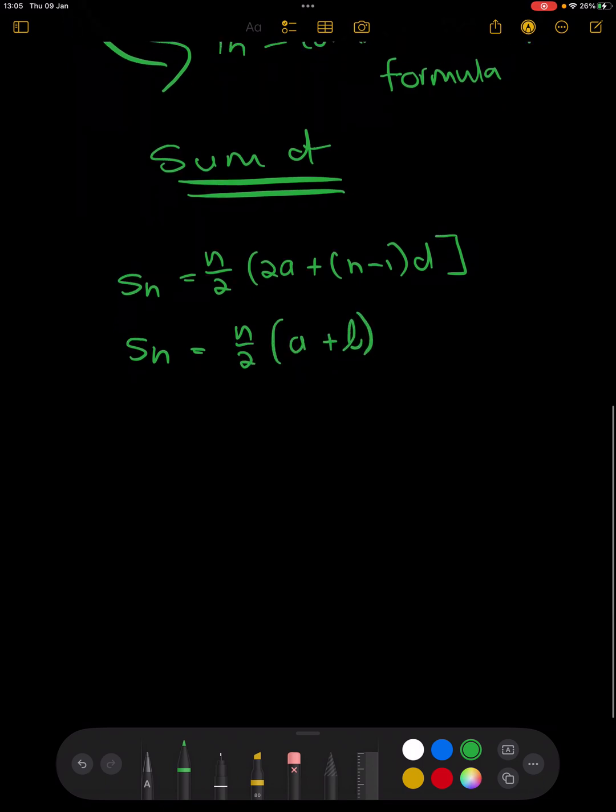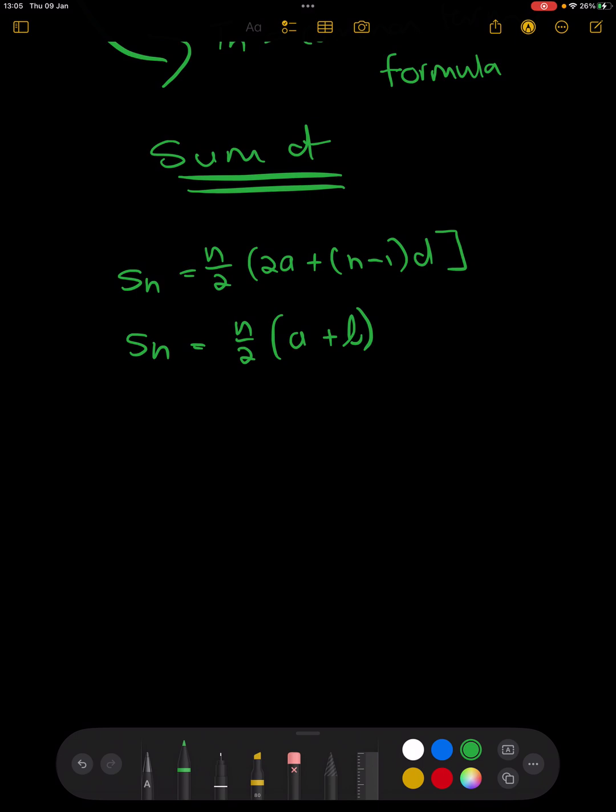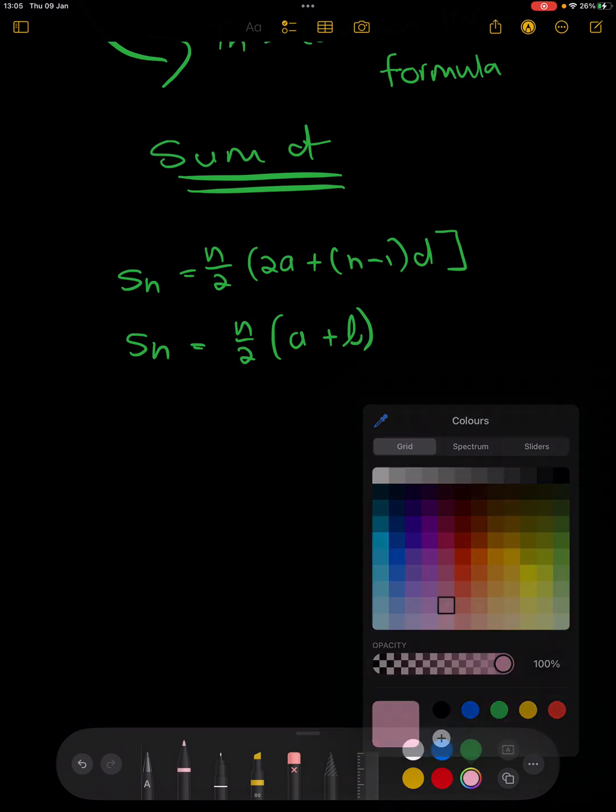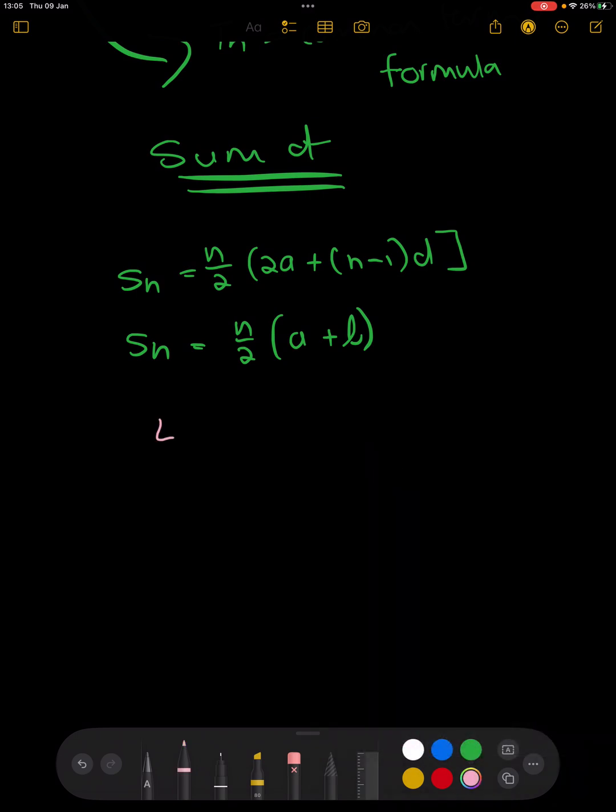A sum of is if my sequence, for example, looks as follows: 4, 10, 16, and so on. The sum of would be 4 plus 10 plus 16 plus so on. So it's basically, if I add all of the numbers in that specific sequence, what would my final answer be? And that's what the Sn stands for.